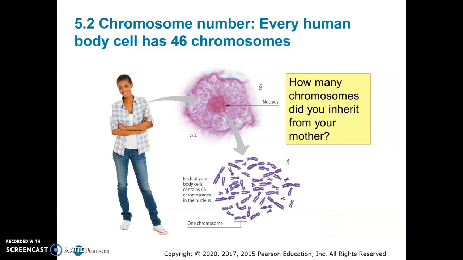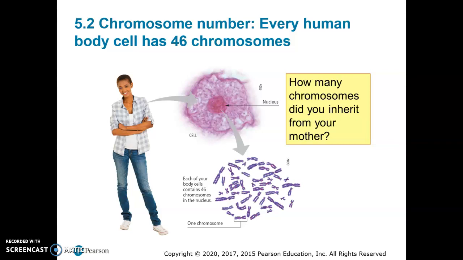So our chromosomes come in pairs. You get a number 1 from your mom, a number 1 from your dad. And we know which pairs make up chromosome number 1 because they're both going to be the longest chromosomes inside your cells. It goes from number 1 all the way down to chromosome pair number 23. And pair number 23 are your sex chromosomes.